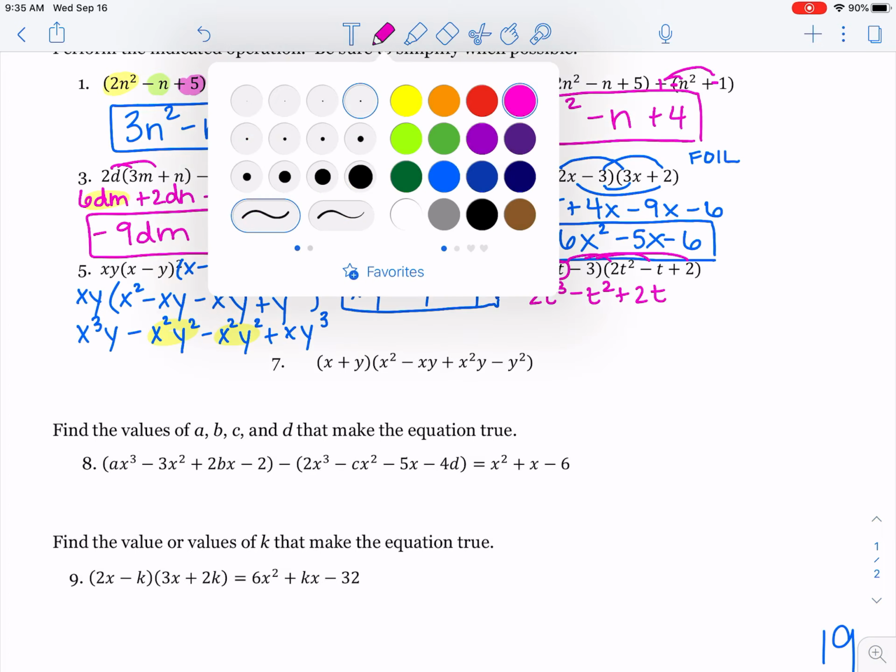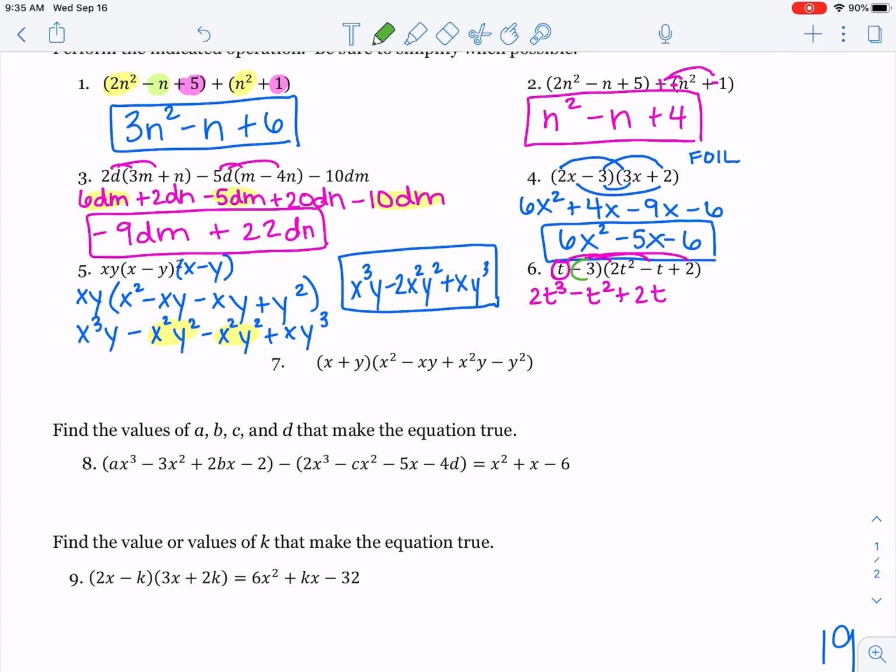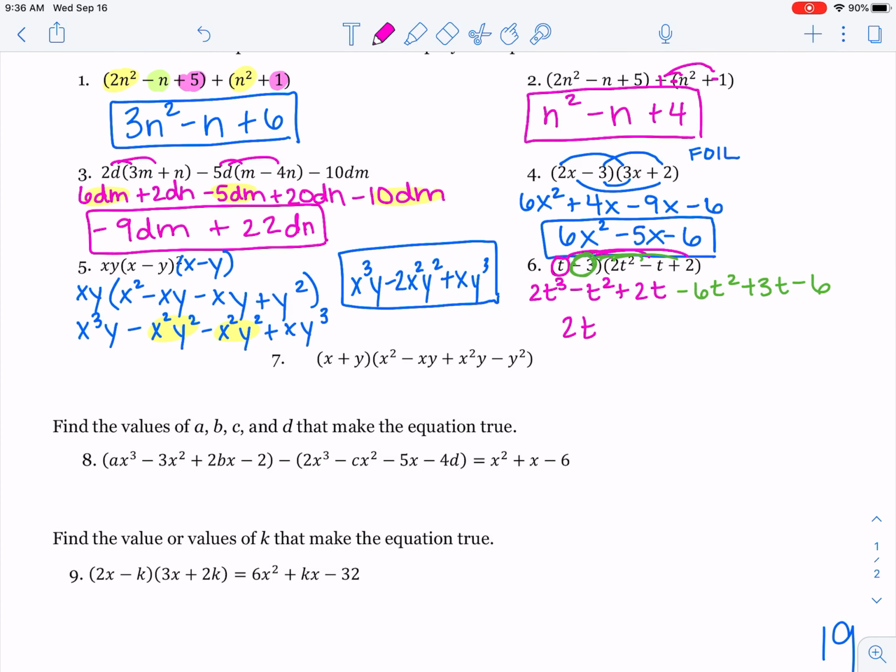Then I'm going to do the same thing with my -3. Then it's a matter of just combining like terms. I have my 2t cubed, my 7t squared, my 5t, and my -6.